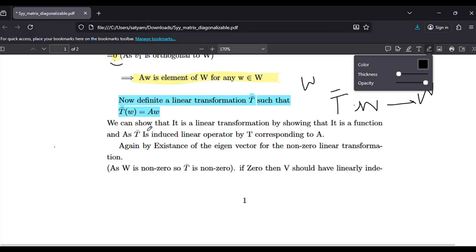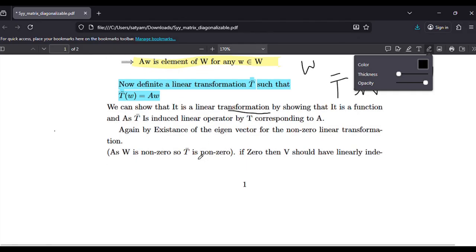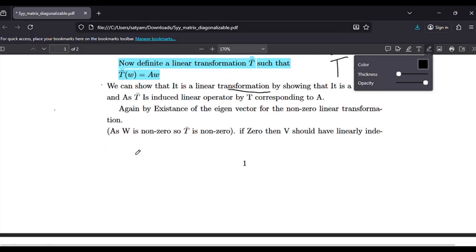We can show that it is a linear transformation by showing that it is a function first, and T bar is the induced linear operator, as we have discussed, corresponding to A. Again, by the existence of an eigenvector for a non-zero linear transformation, as we know, for any non-zero linear transformation there exists an eigenvalue.